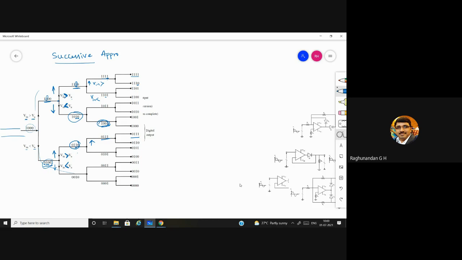If the converted value is lesser than the Vin, then the latest bit which we changed, we are going to make it as 0 and we are going to stop. So the same process will be initiated here. This is how the successive approximation type ADC works. If you have any doubts, you can ask me.